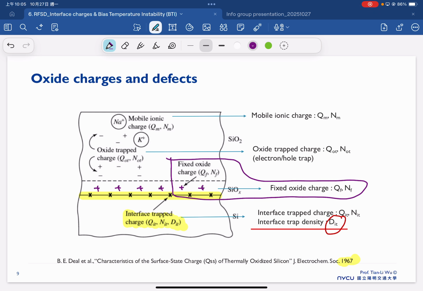As long as you deposit, you always see a certain amount of charge already staying near the interface, but a little bit higher than the interface charge.